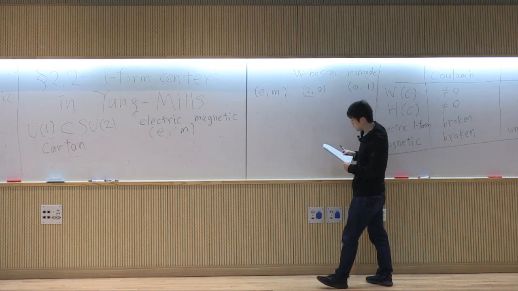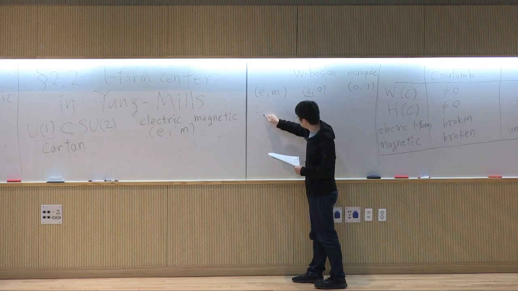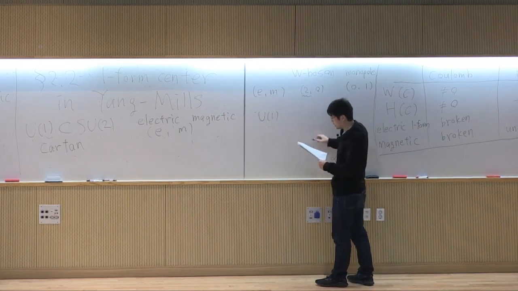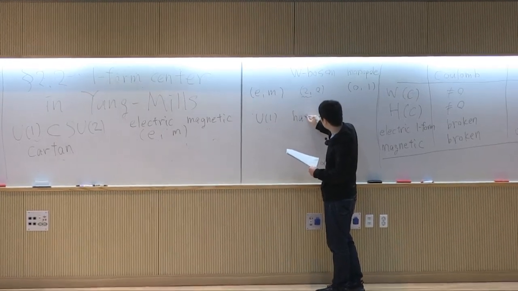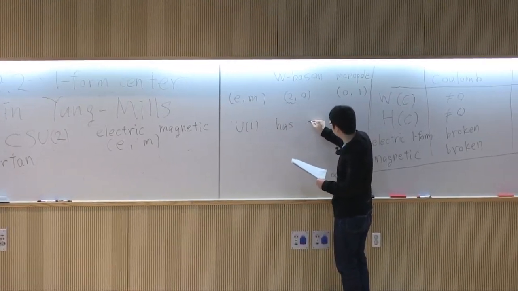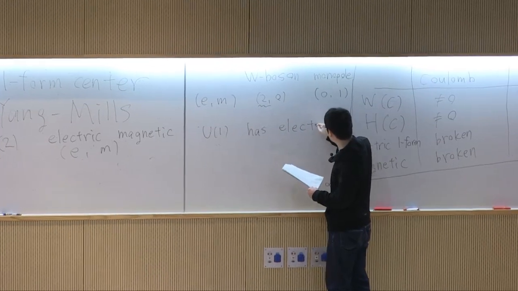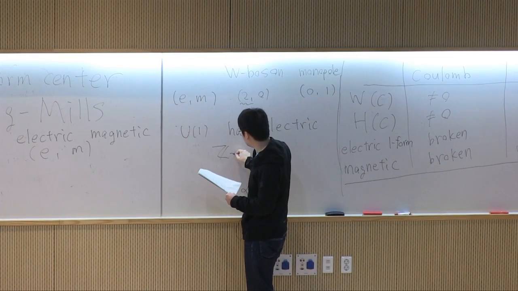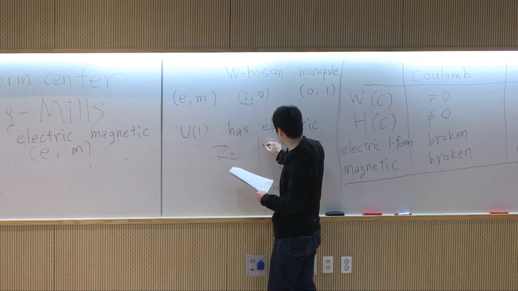So because of this, this U(1) symmetry in the low energy has electric Z2 one-form center symmetry.